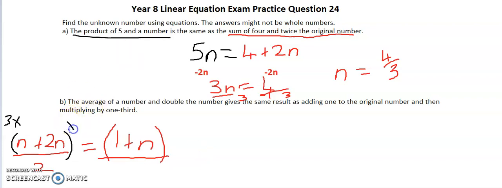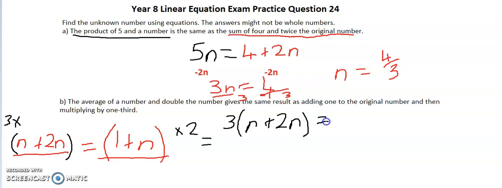If I times both sides by 2, it cancels the dividing by 2 on the left hand side, and it just leaves me with the equation 3 in brackets n plus 2n in brackets is equal to 2 in brackets 1 plus n in brackets.